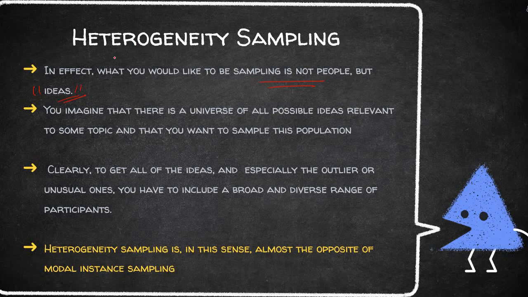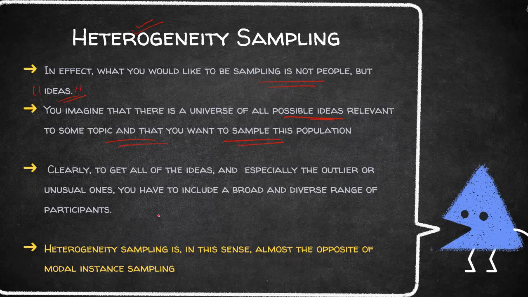As you can see, inclusion of different, diverse groups is the real thing. You could imagine that there is a universe of all possible ideas relevant to some topic, and you want to sample this population. That's it. So you should go ahead with heterogeneity or diversity sampling.